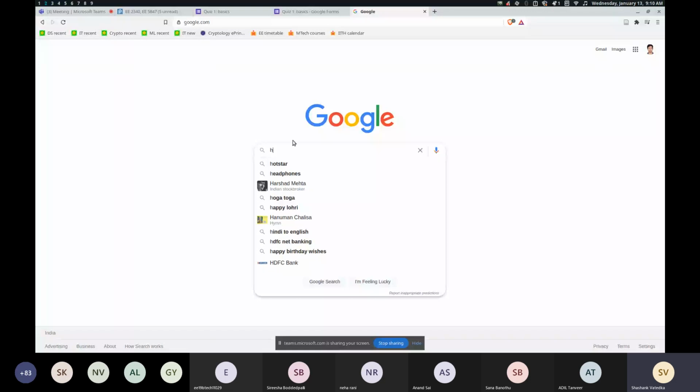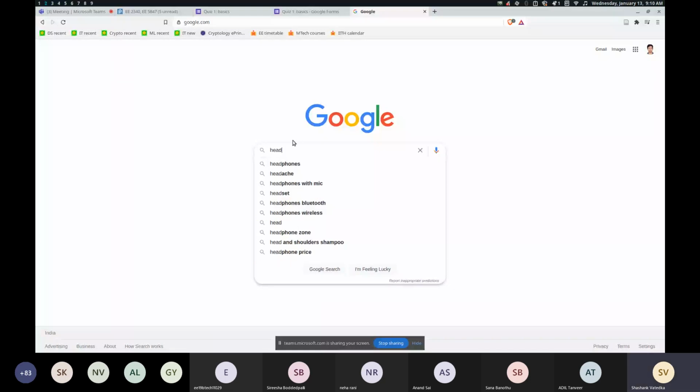There is a lot of uncertainty at this point as to what I'm going to type. But then maybe once I type headphones, now you're giving it more information. So in some sense, you're reducing the uncertainty about what you're going to type, and you're providing information to Google as to what you want to know.